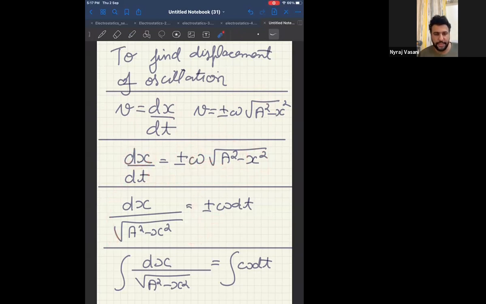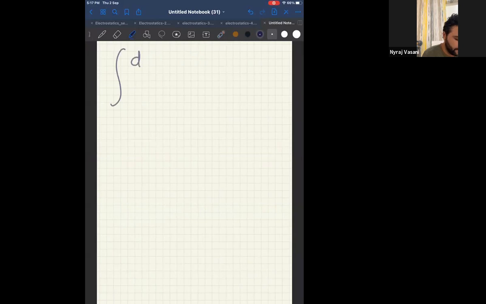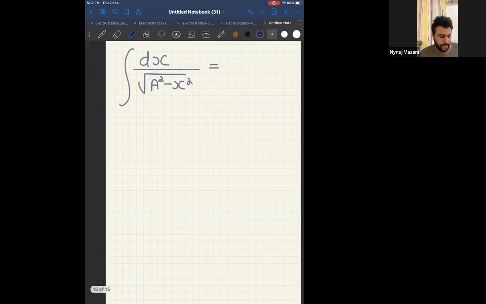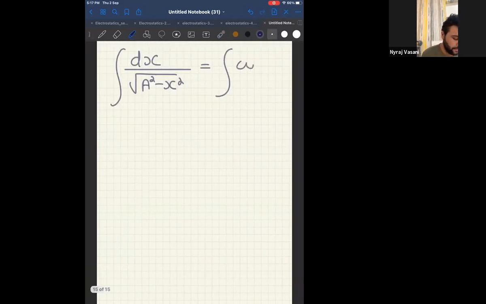Now integrate both sides. Luckily for you, you will learn this in 12th standard also. Please look at the screen. Let me write this step again. Now listen.